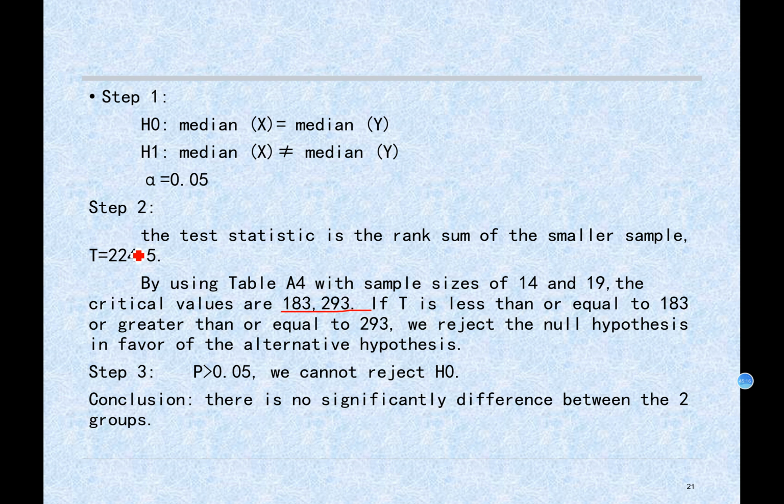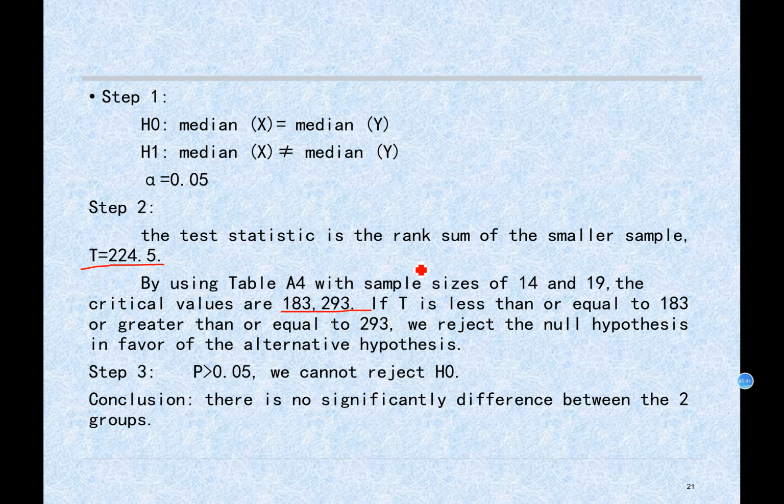We compare the test statistic with the critical range. If the t is inside the critical range, we will think that p is bigger than alpha. We cannot reject H0. But if t is outside the range, that means p is less than alpha. We need to reject H0.